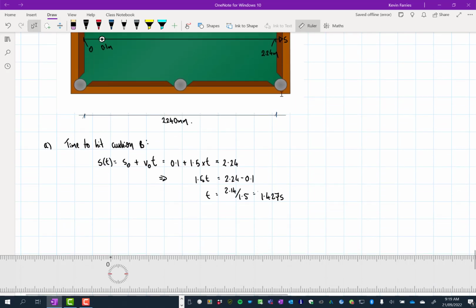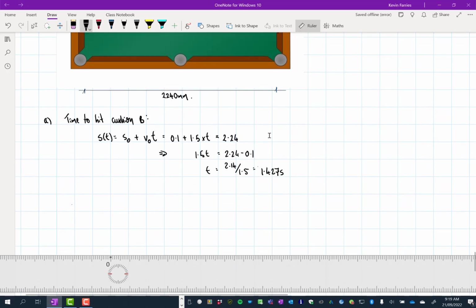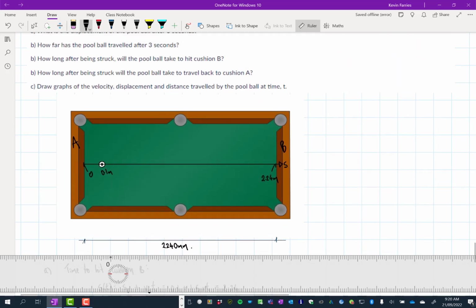So the remaining time we have, after it hits cushion B, the time remaining is going to be equal to, so we're looking for the time at 3 seconds, I think, wasn't it?